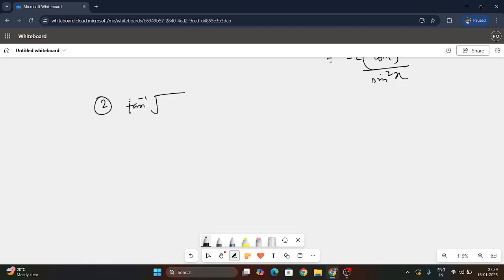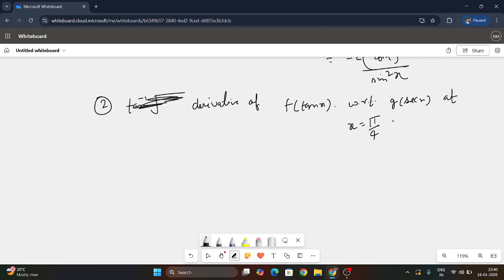Find the derivative of f(tan x) with respect to g(sec x) at x is equal to pi by 4, given that f'(1) is equal to 2 and g'(root 2) is equal to 4.